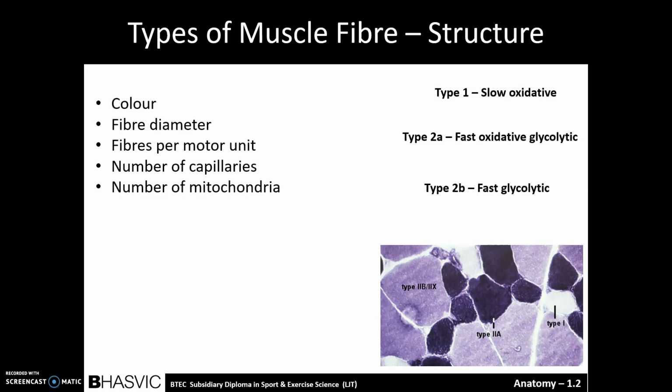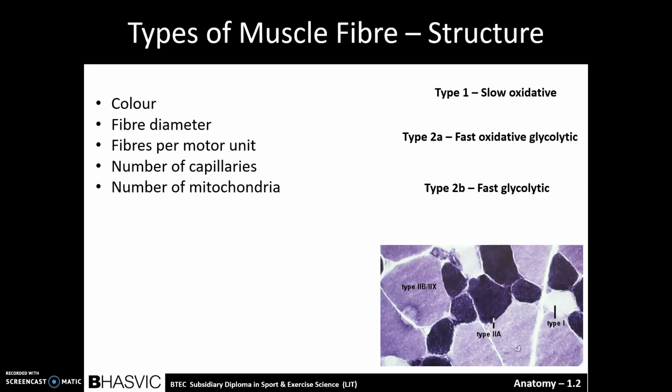But for this to take place, there must be oxygen. So that is also why there's a high number of capillaries in slow oxidative muscle fibers, as those two link together, as the capillaries are supplying that muscle fiber with the oxygen it needs.